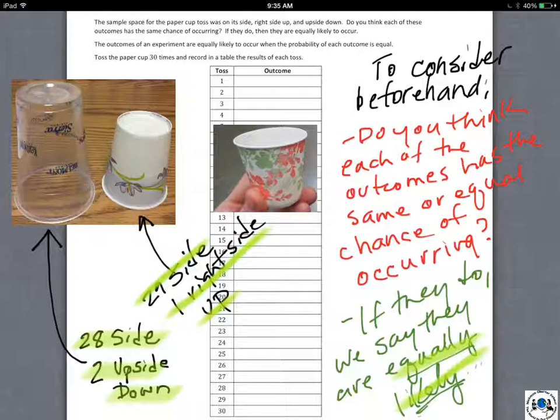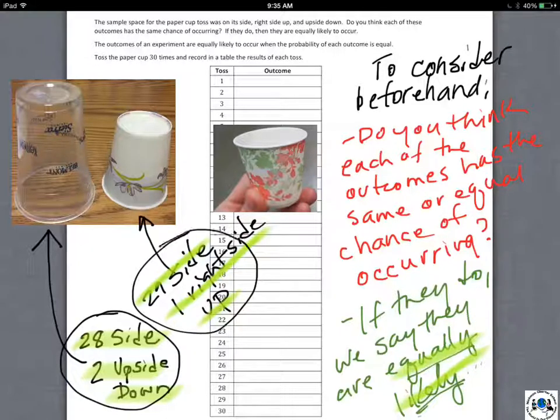Because again, a good experiment. I was surprised. My findings were so surprising that it makes me want to pursue this a little bit further, just to see if there is a difference. Because evidently, just by virtue of the shape of the cup, you can see that it's not an equally likely chance.